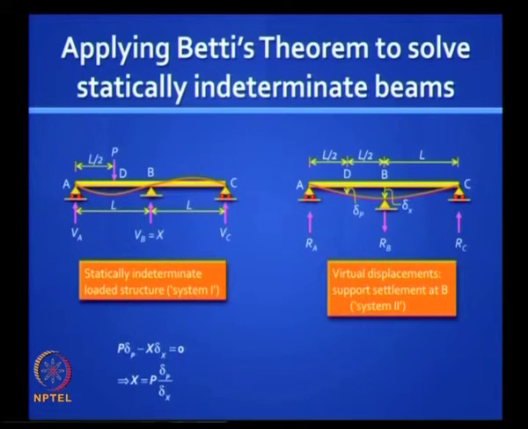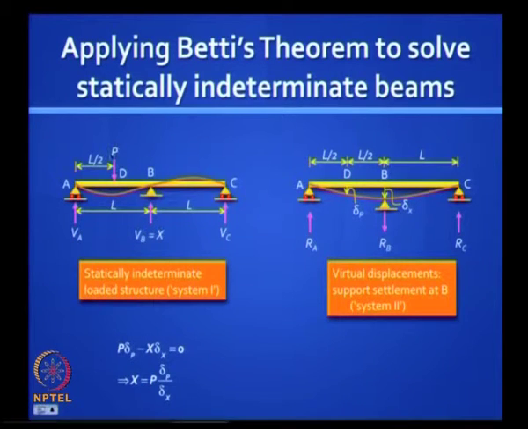So it is a beautiful equation. You end up by discovering that X, the unknown X, is nothing but P into delta P by delta X, which means if you take the ratio of this deflection to this deflection, and that ratio times P is the amount of force that you get in this reaction.